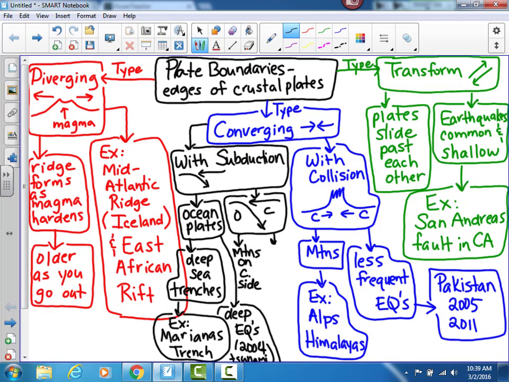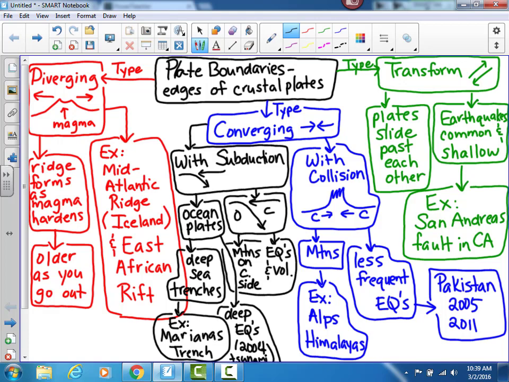You also sometimes get deep earthquakes and volcanoes. Not Hawaii. The example of where you would get those things, mountains on the continent side with earthquakes and volcanoes.